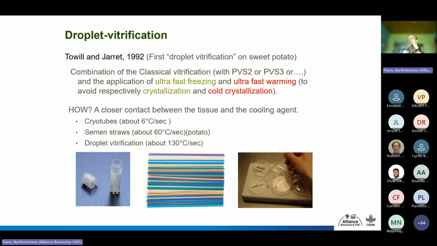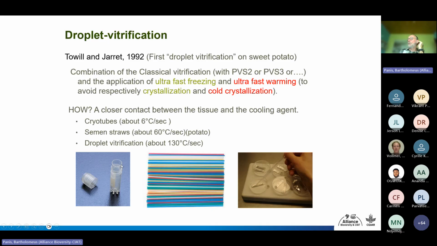The normal vitrification protocol developed by Professor Sakai used cryotubes. So you see here a 2 milliliter cryotube. You put some meristems in the cryotube, add an extra 1 ml of vitrification solution, then close the cryotube and plunge it in liquid nitrogen.